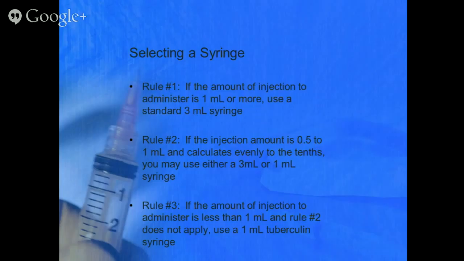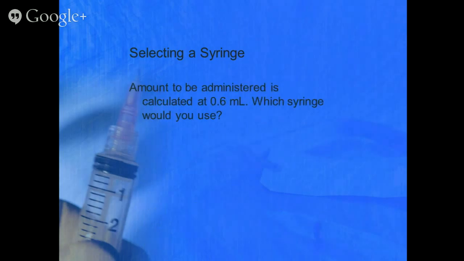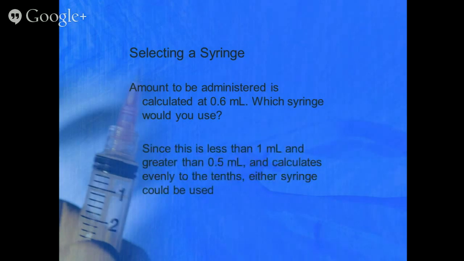And does it round evenly to the tenths? Then 10th spot. So since it is less than 1 milliliter and greater than 0.5 milliliters and calculates evenly to the tenth, we could use either a 3 or a 1 ml syringe. We could use either.